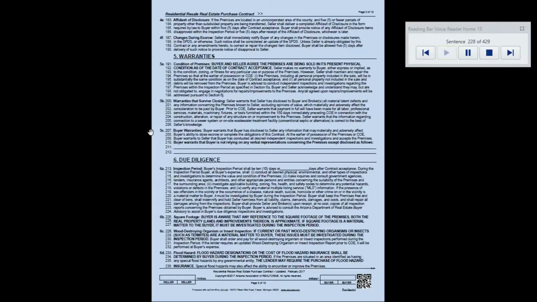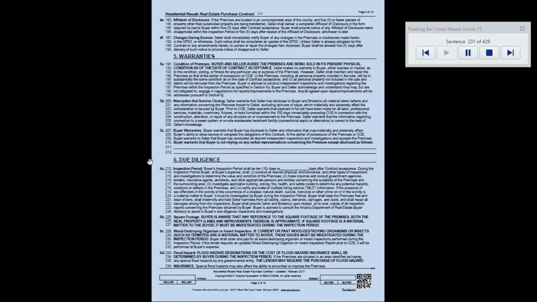At the earlier of possession of the premises or COE, buyer warrants to seller that buyer has conducted all desired independent inspections and investigations and accepts the premises. Buyer warrants that buyer is not relying on any verbal representations concerning the premises except disclosed as follows.